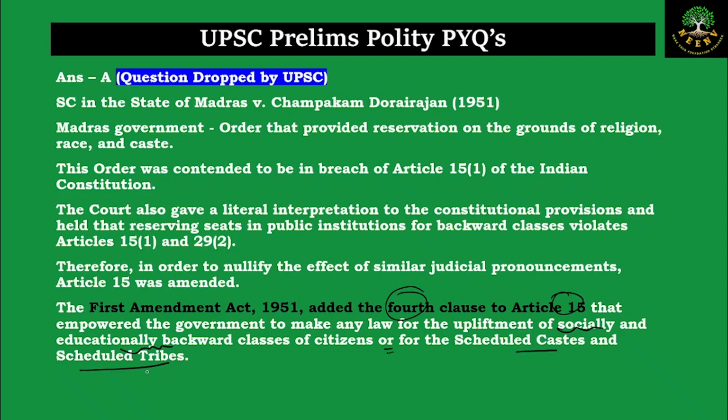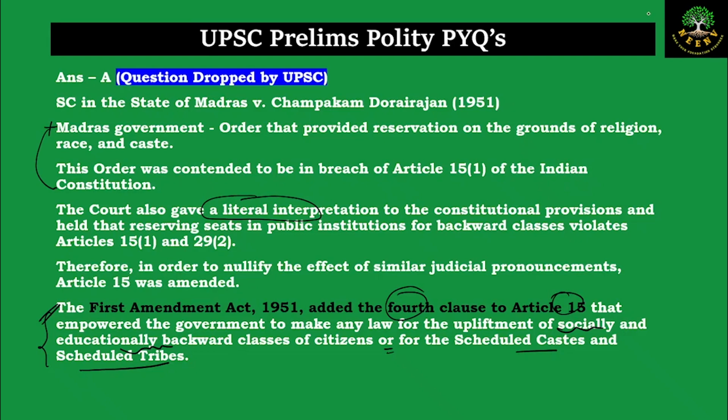So basically, the court went for the literal interpretation of the provision and said that the act of the Madras government was wrong. So in order to nullify this, the first amendment was made, which empowered the government to make laws for the upliftment of the socially and educationally backward classes of citizens and also the Scheduled Castes and Scheduled Tribes.